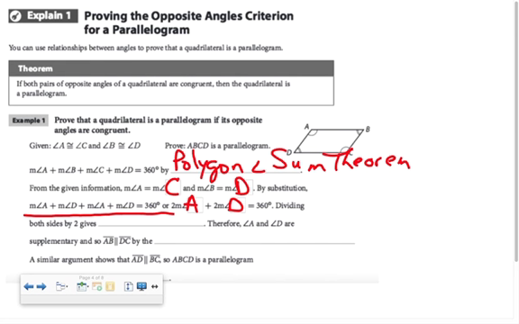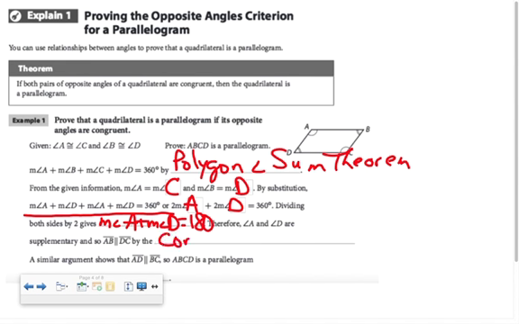So that means that measure of angle A plus measure of angle D equals 180. So angles A and D are supplementary, and that makes line AB parallel to line DC. Again, be very careful.